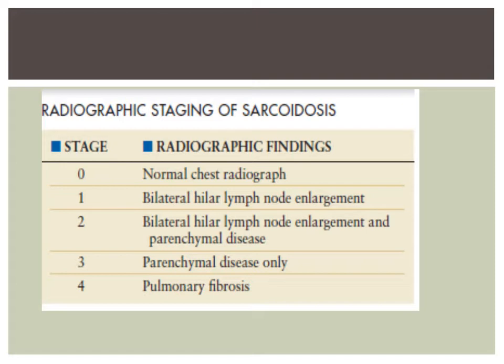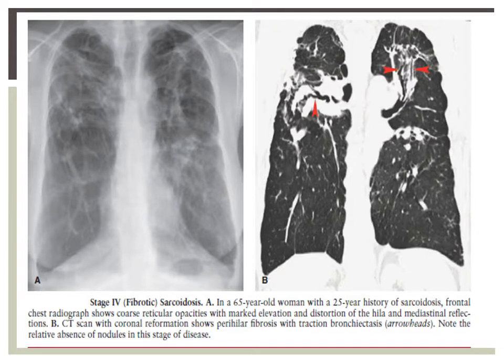Stage 0, normal chest. Stage 1, bilateral hilar lymph node enlargement. Stage 2, bilateral lymph node enlargement and parenchymal disease. Stage 3, parenchymal disease only, and stage 4 progresses to fibrosis.